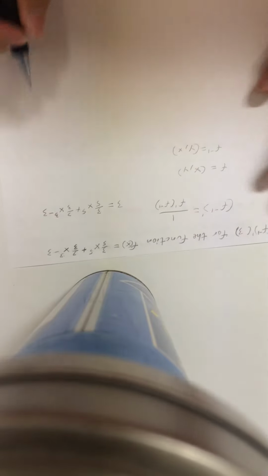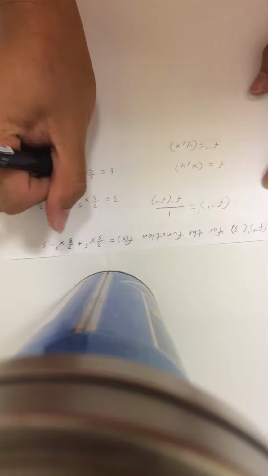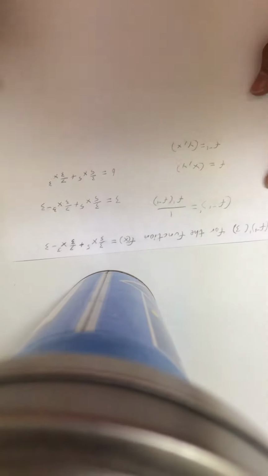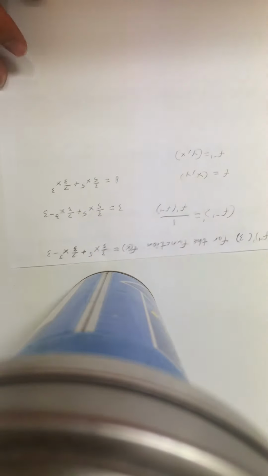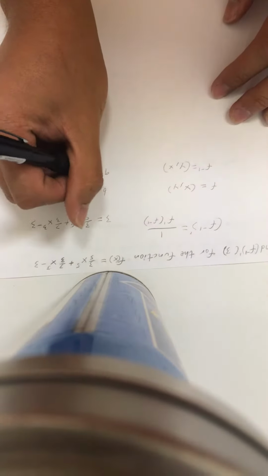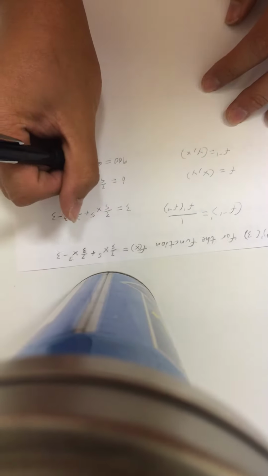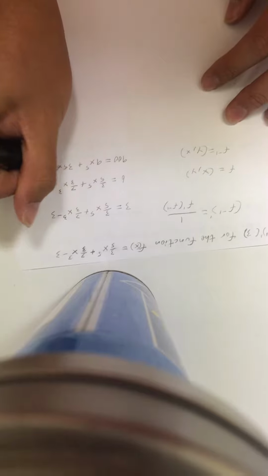So finding that, we would have 3 equals 3 over 5 x to the fifth plus 7 over 3 x to the third. And after multiplying everything by 15, we get 900 equals 9x to the fifth plus 35x to the third.